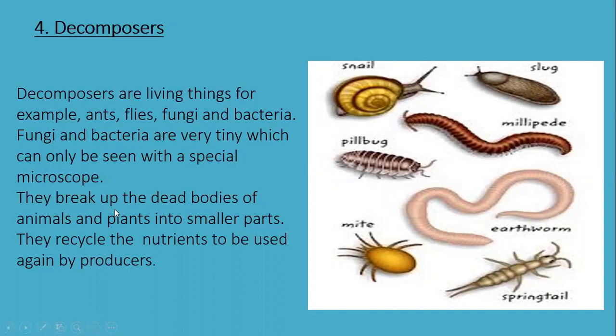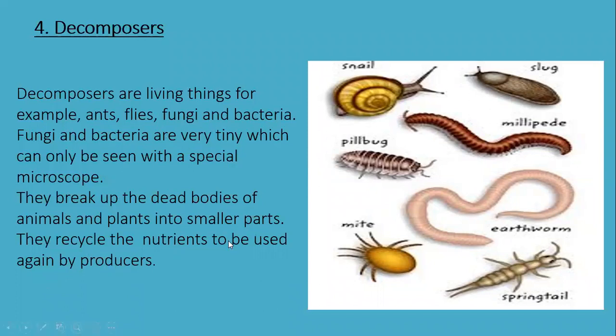They break up the remains of dead bodies on the ground, then break them up again into smaller parts. Then they recycle the nutrients to be used again by producers. When their bodies break up into smaller parts, it goes into the ground again and is used by the producers, meaning used by the plants.